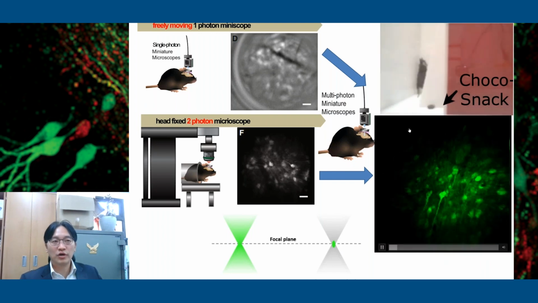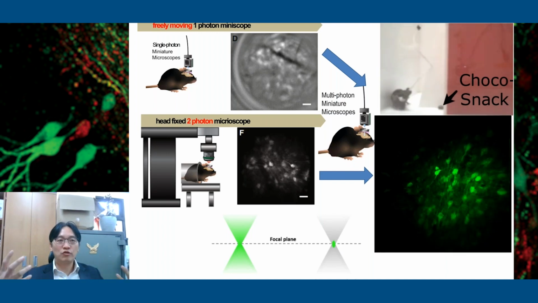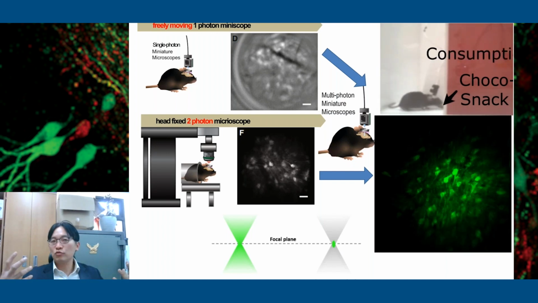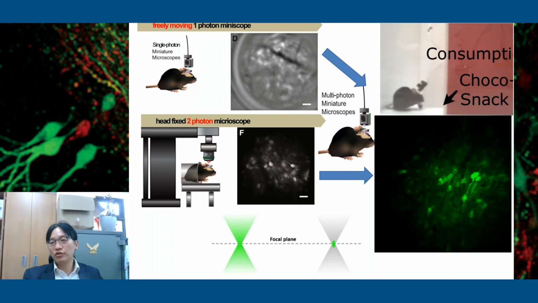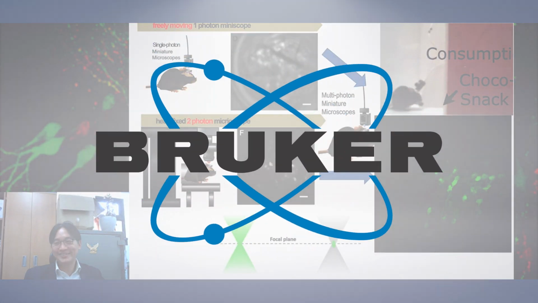So we can have naturalistic emotion change during their approach, early detection and omission. So I really need this freely moving two-photon miniscope to advance the science. Thank you.